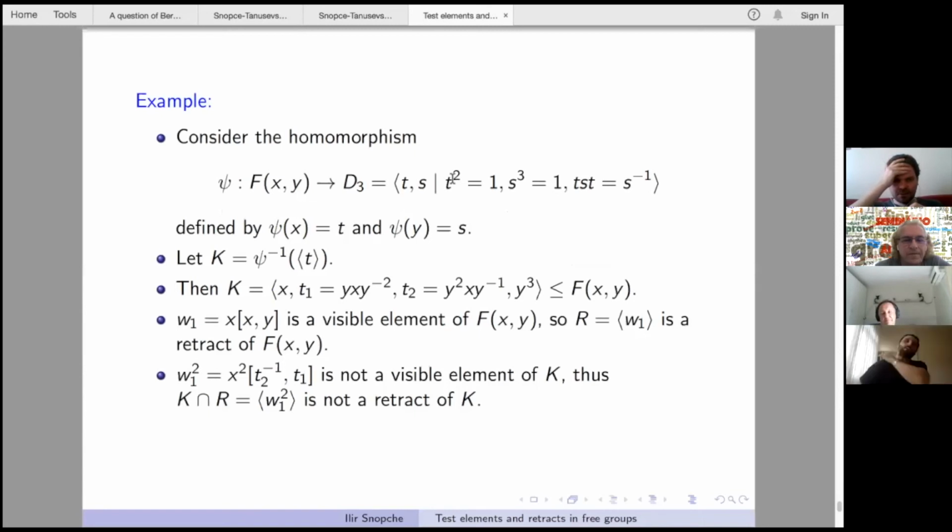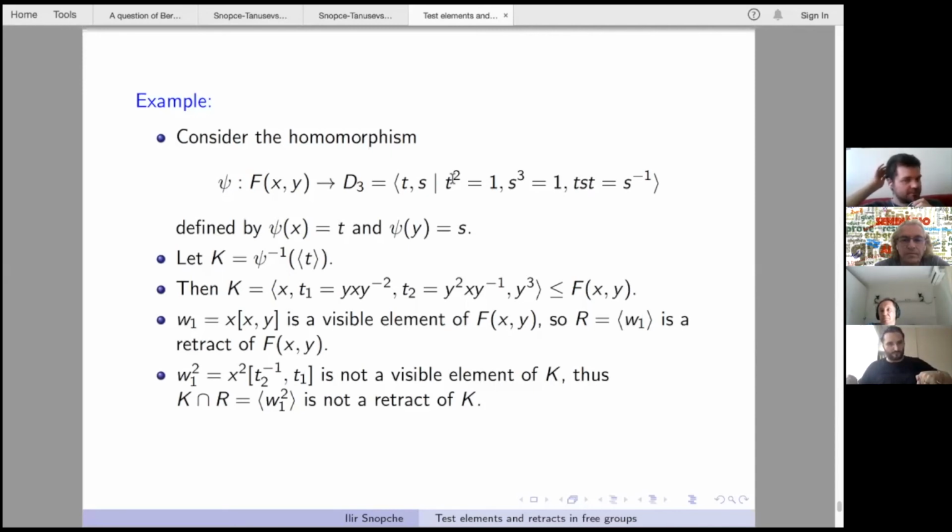Let us see. So what do we want? I just mentioned an equivalent version. When we have cyclic retracts, being a retract is the same thing as being a visible element. So in order to answer Bergman's question negatively, we need to find a retract of the free group of rank 2, and a subgroup such that the intersection of the retract and the subgroup is not a retract of the subgroup.